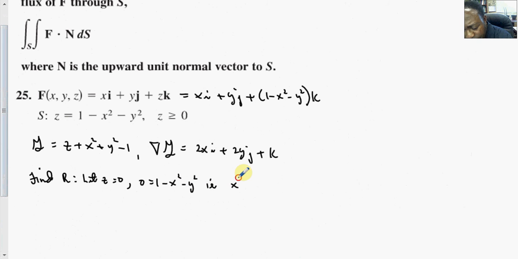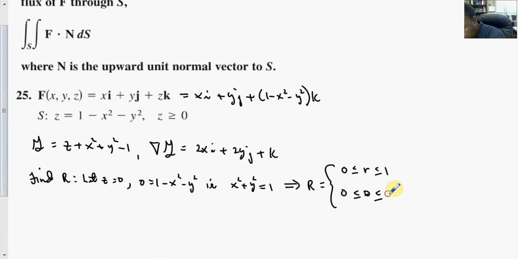That is x squared plus y squared is equal to 1. So this implies that the region is the circle. All right, so here the radius is 1 and it's a complete circle. So theta goes from 0 to 2 pi.